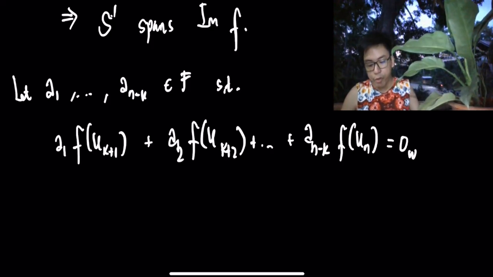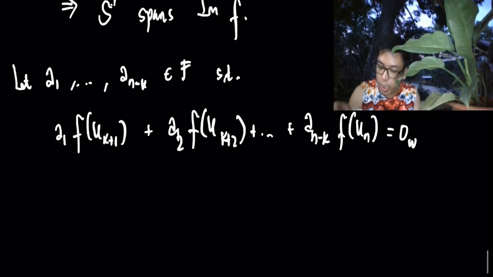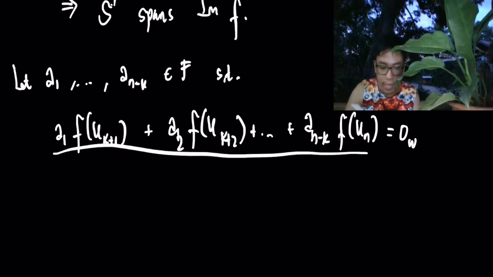So that's actually a 0 vector. In this case, we only need AN minus K because there are only N minus K mappings here. So if this is equal to a 0 vector in W, which is the codomain, this simply tells us that this is an element of the kernel of F.